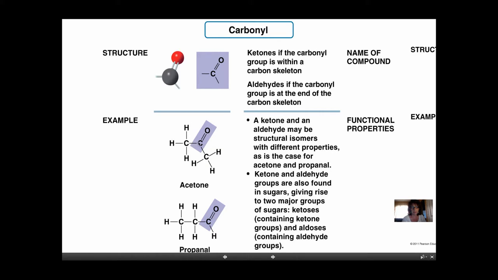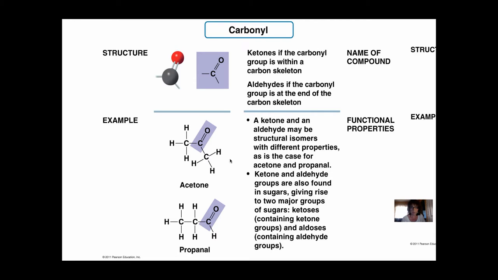It's at the second carbon here. And it's called an aldehyde if that carbonyl is at the end. So propanal is an example of a 3-carbon structure with the C double bond O at the end. Notice these have the same molecular formula, but they are totally different molecules depending on the position, so they're isomers.